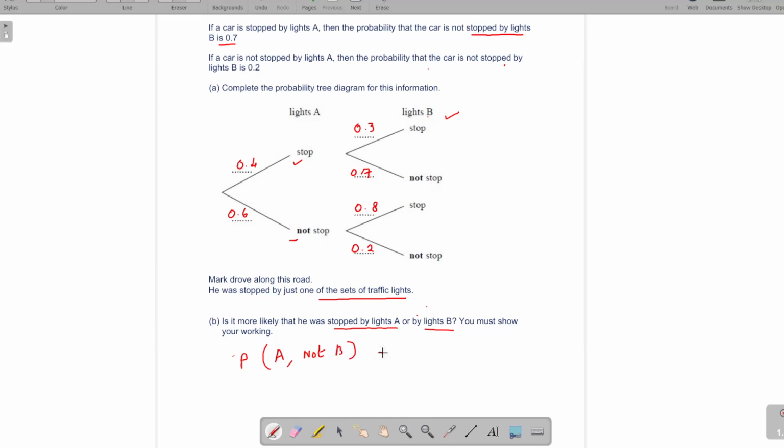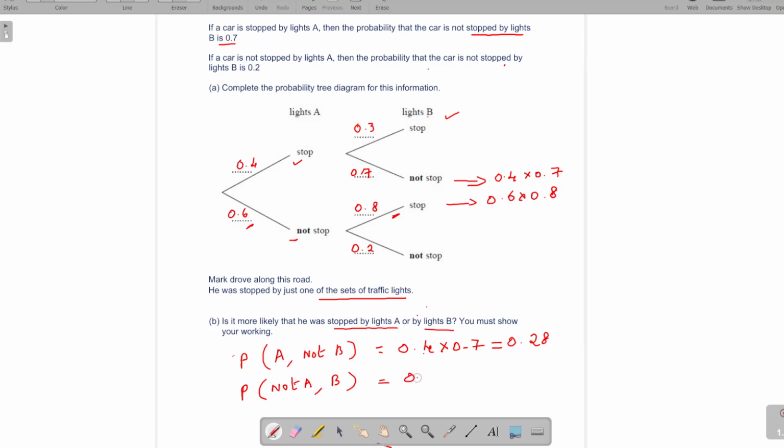So that will be this branch here, because 0.4 times 0.7 is 0.28. Then let's look at not being stopped by A, but being stopped by B, which is 0.6 times 0.8.